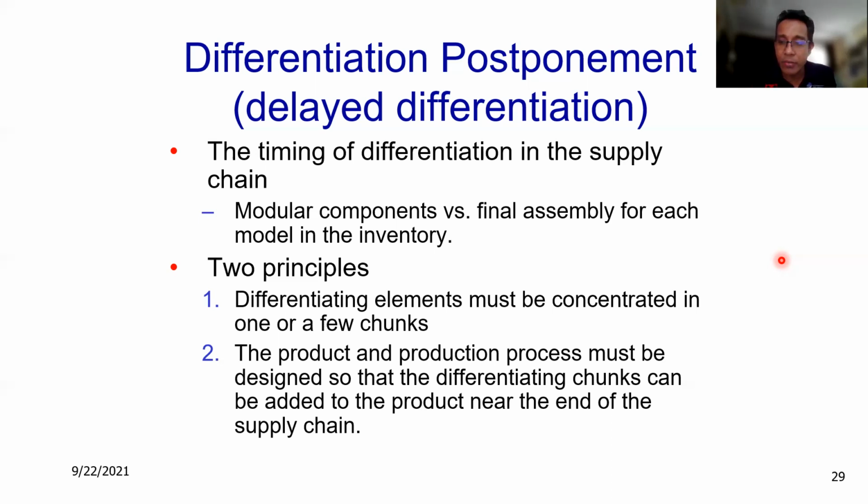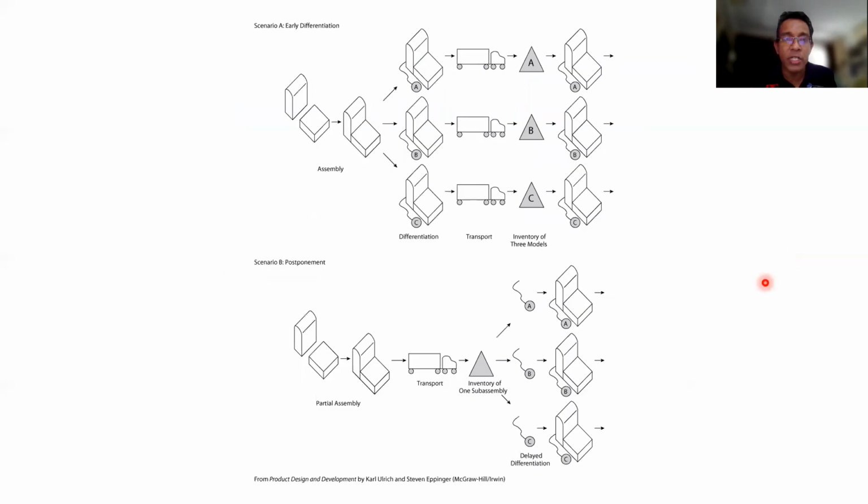So what is it? Okay, we go for this example. You can see this in the textbook as well. They have this scenario: Scenario A, they call it early differential, and scenario B is postponed differential, or delay differential. You can imagine scenarios A and B as a printer. We have different versions, different models of the printer.